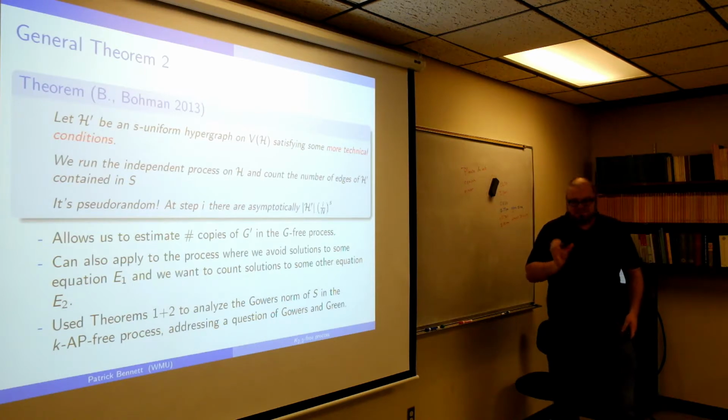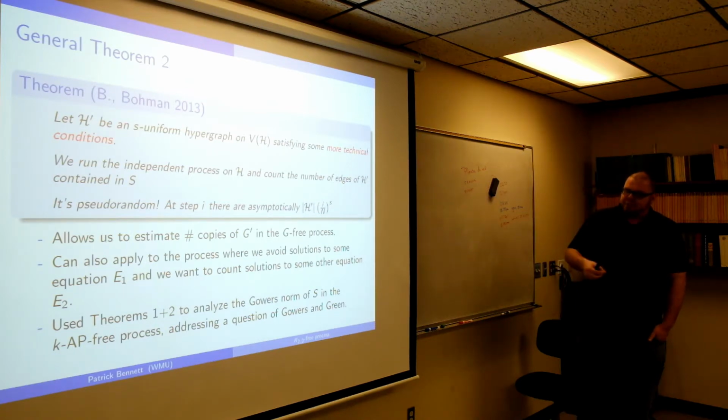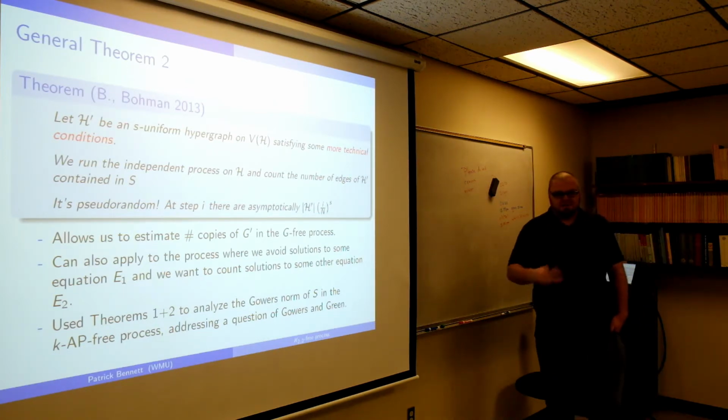If a set of numbers is dense enough, there's enough of them, and it's sufficiently random looking, then the Gowers norm should be small. So there was a question asked by Gowers and Green about if the Gowers norm is small, meaning that the density should be high enough and it looks random, must this set contain a k-term arithmetic progression?